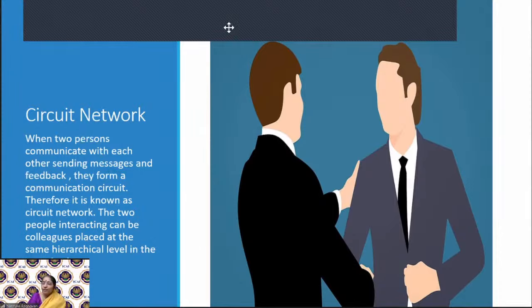Now look at the spelling of hierarchical. Hierarchical level. That's important. Now, what is hierarchy? Hierarchy is the ranking of position in the office. And that's important for you to know.